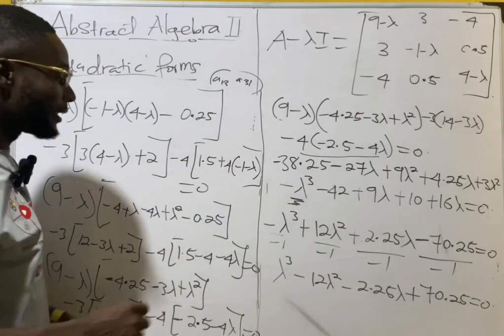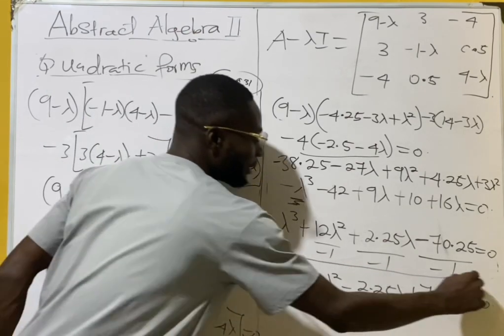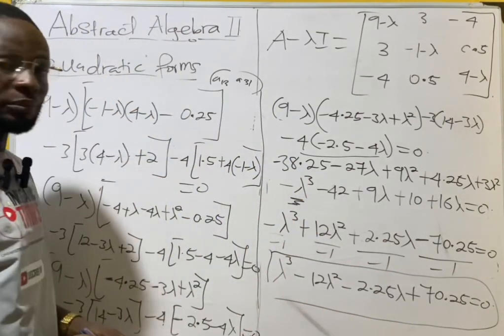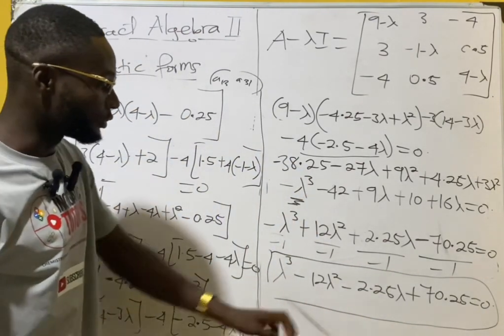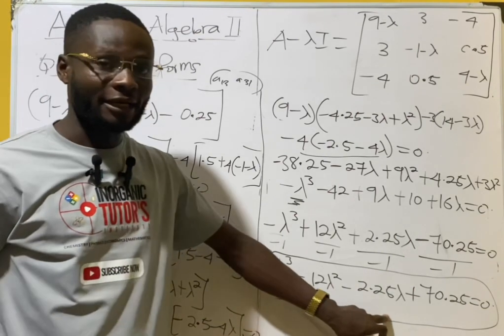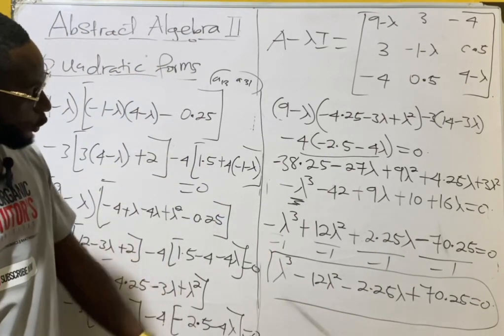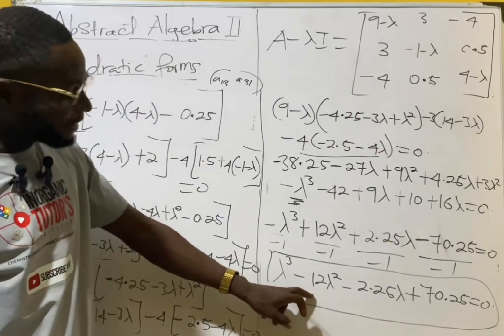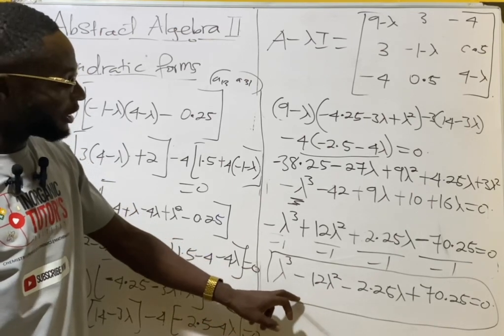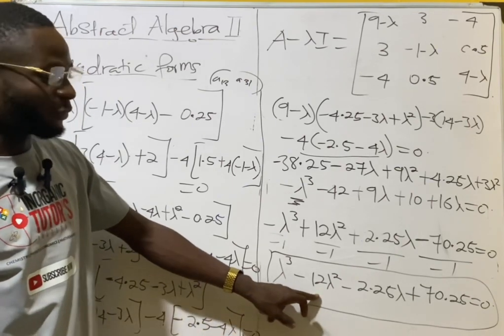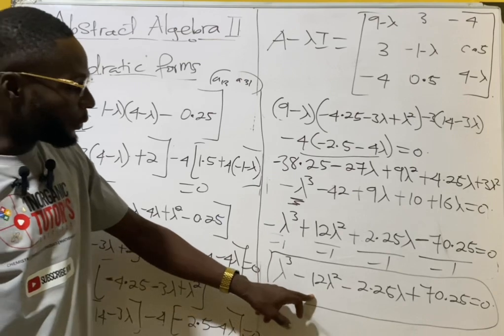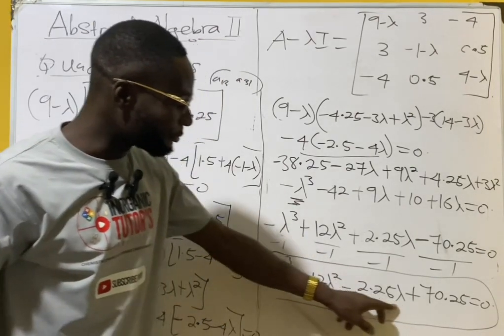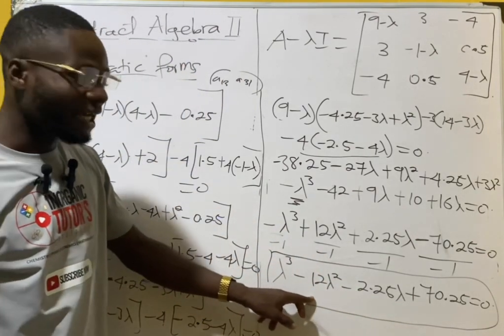Okay, so this is our cubic expression that we have to simplify and find lambda, right? This is not a rational expression, so we can't test.